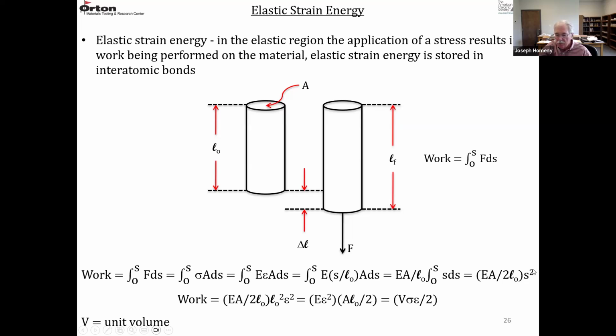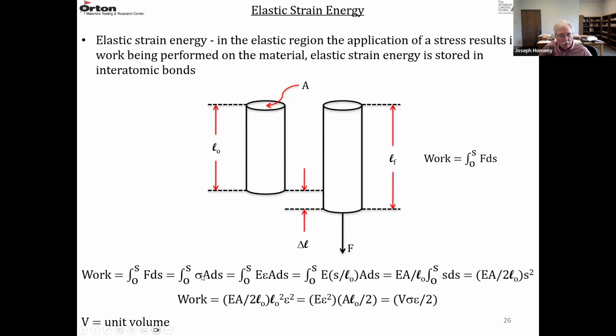We can substitute in for S squared, and that's just L0 squared, epsilon squared. And we just rearrange this equation: E epsilon squared times A L0 divided by 2. A times L0 is the volume.